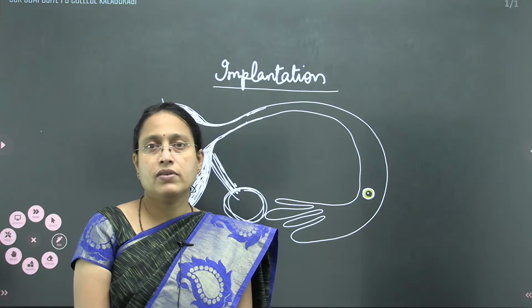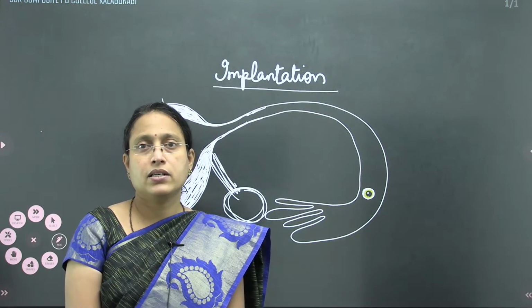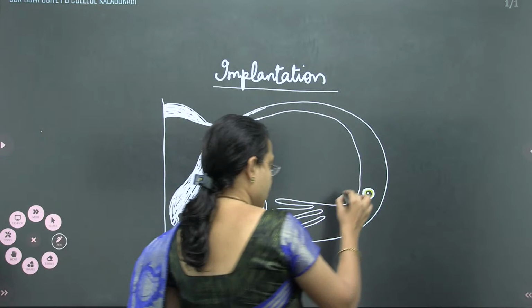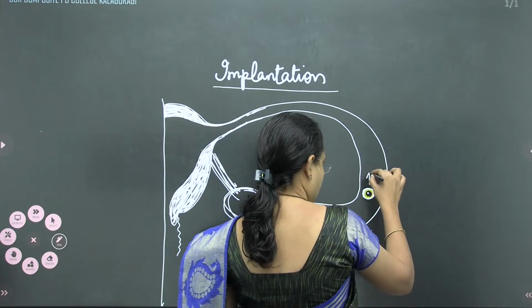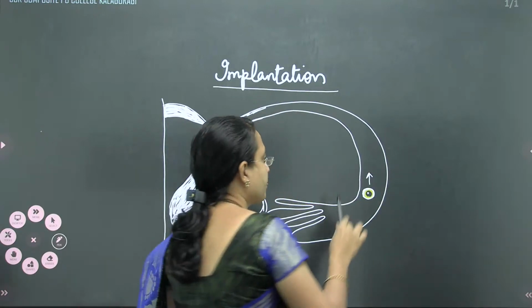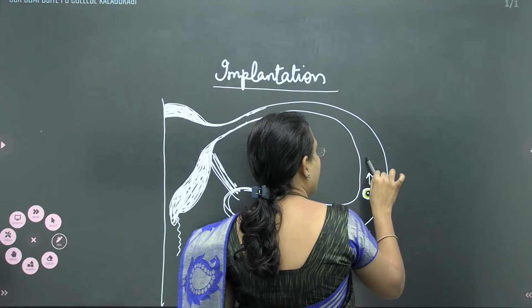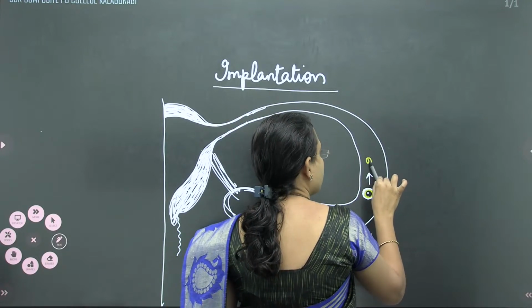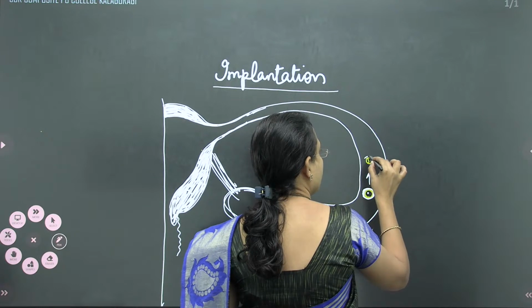Within around 30 hours, the division will complete. So this zygote is going to divide and produce two cells.